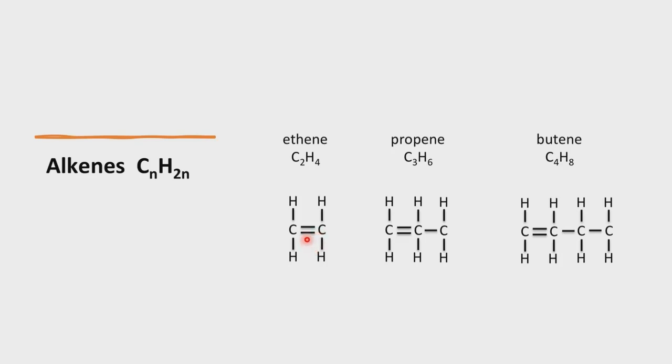So for example, this is a double bond of carbon, another double bond of carbon, and another double bond of carbon. And the names will end with ene, such as if there are 2 carbons, it's called ethene. If there are 3 carbons, it's called propene. And if there are 4 carbons, it's called butene, and so on and so forth.